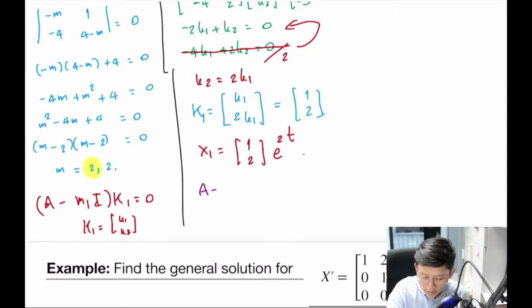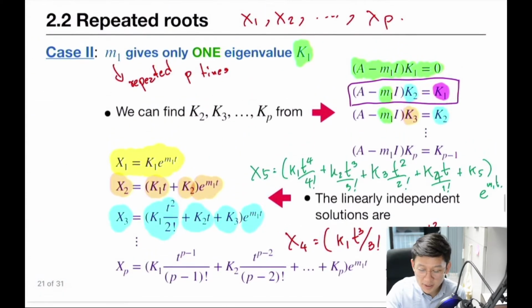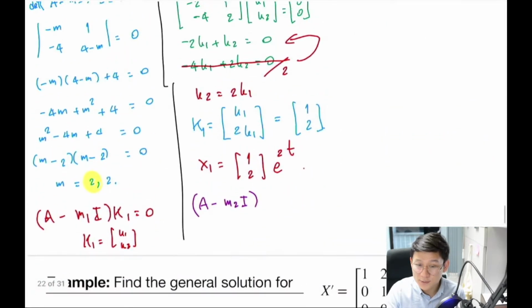Which is A minus m2 I. It's actually the same m because m1 is repeated 2 times. So m2 here is the same as m1, it is just 2. Then we take the k2, and that is the same as k1.